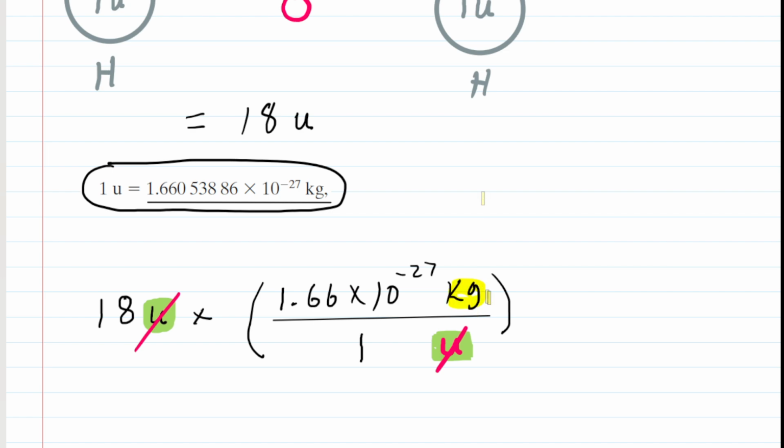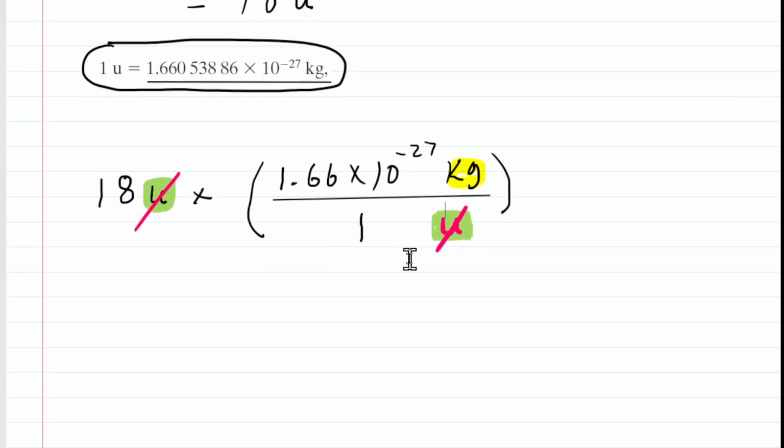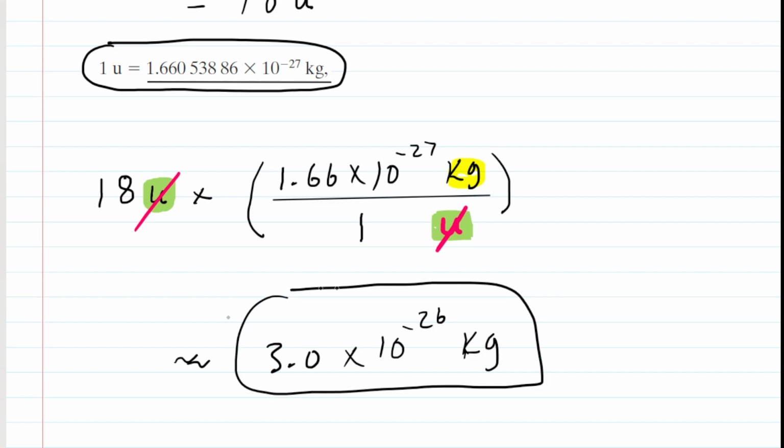So now all you do would be to pick up your calculator and multiply 18 by this very tiny number over 1. And when you do that, you should get approximately, well, it looks like about 3.0 times 10 to the power of negative 26. And that would be in kilograms. That's the mass of a single water molecule in kilograms.